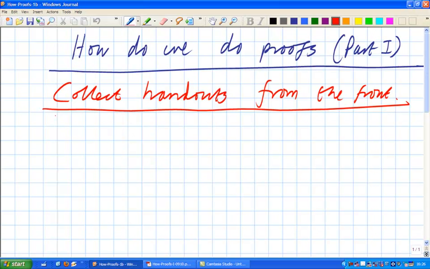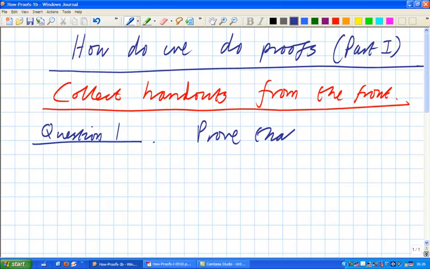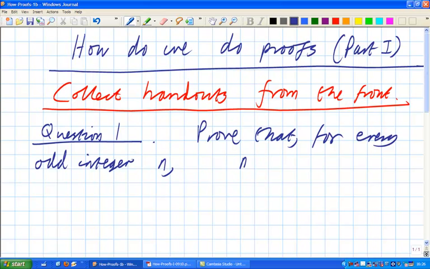So we've got question 1. Prove that for every odd integer n, n to the fourth minus 1 is divisible by 8.